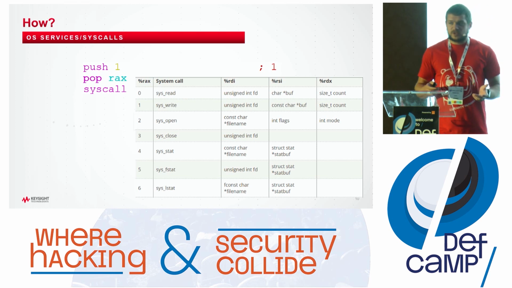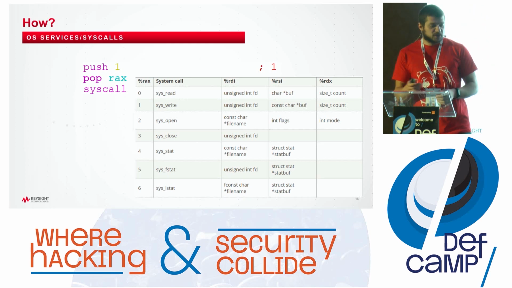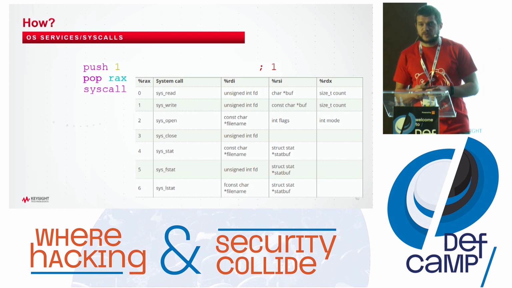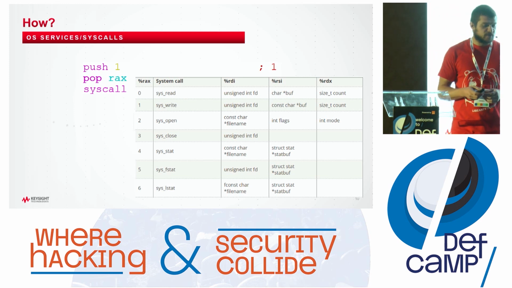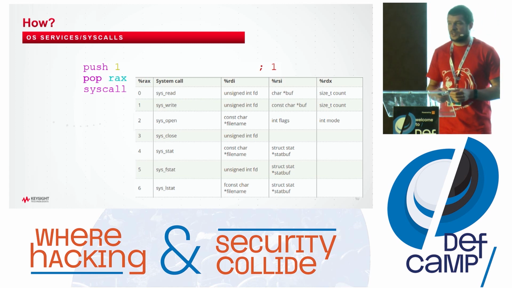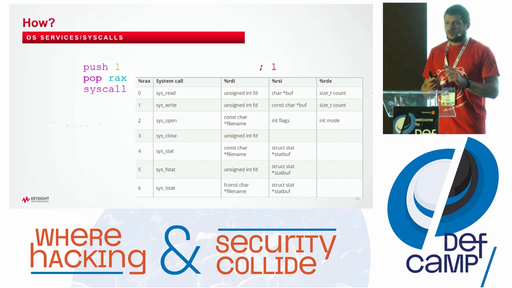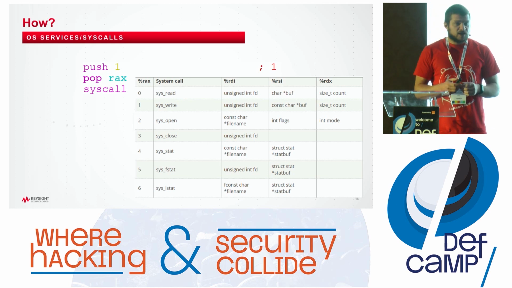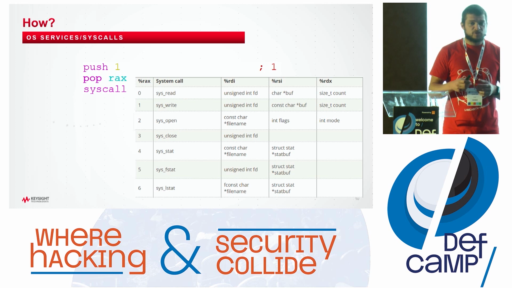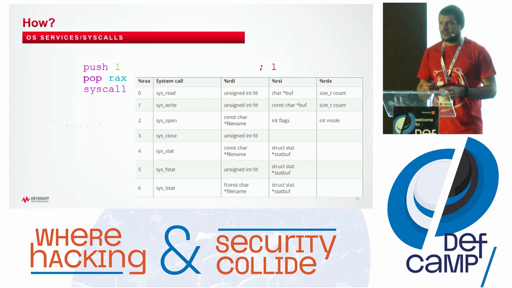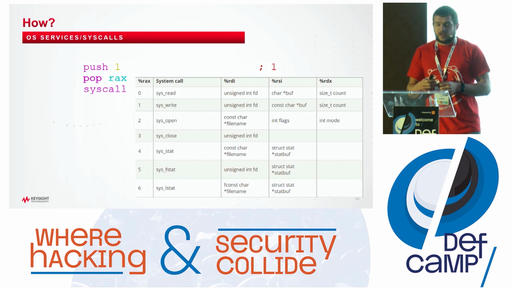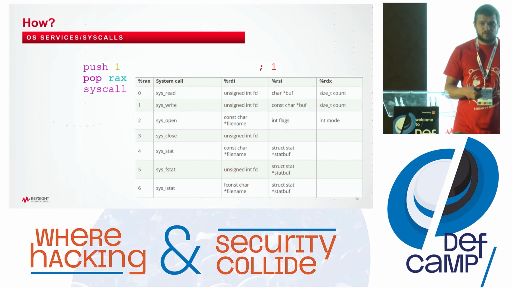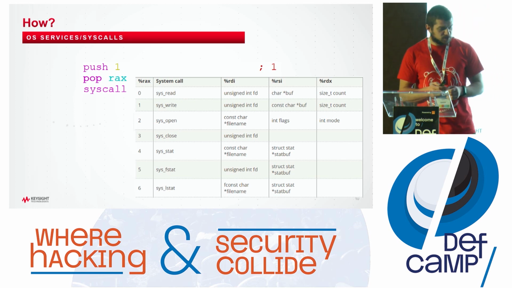There's a nice table that you can find for Linux and for any operating system that says, in this case, value number 1 is a system write command. So this would be an attempt to write to a file. It also receives other parameters because it has to know which file to write to, what it's writing, how many bytes to write, and stuff like that. And this is something that you have to do manually. Unicorn allows you to do that by hooking the system call function. And once you can look at the register values, you know what to do to emulate the system call in your emulator.